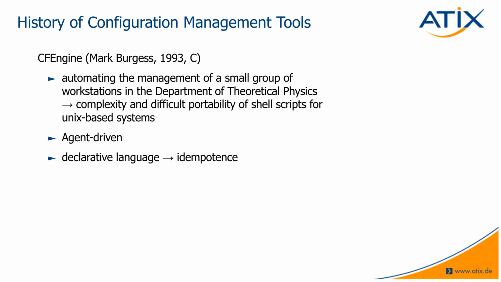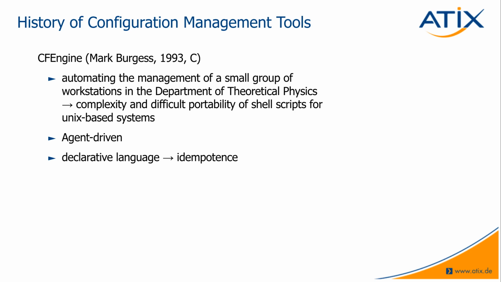One of the first config management tools, if not the first at all, was CFEngine, which was developed by Mark Burgess in 1993, based on C. Their idea was that we needed to automate the management of a small group of workstations in the Department of Theoretical Physics. Originally, we were using shell scripts to configure the servers.